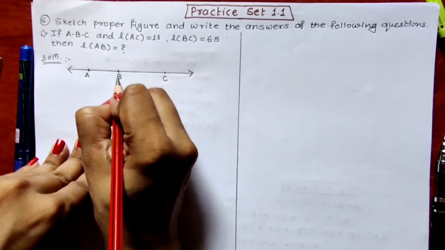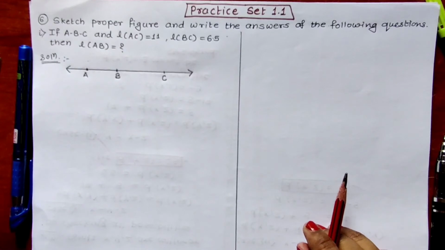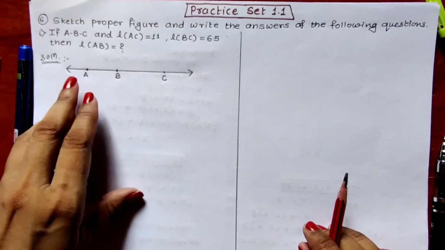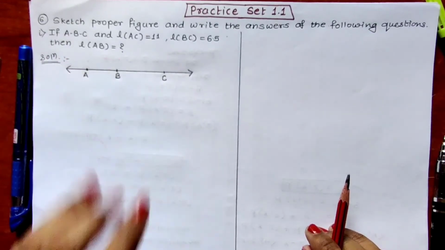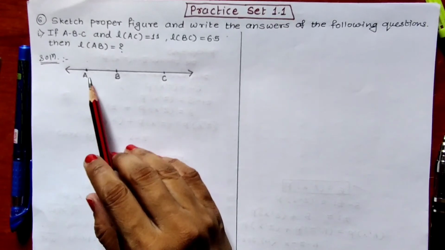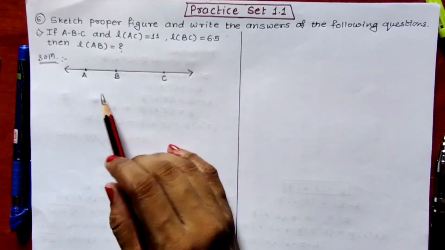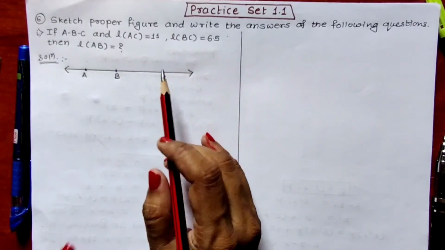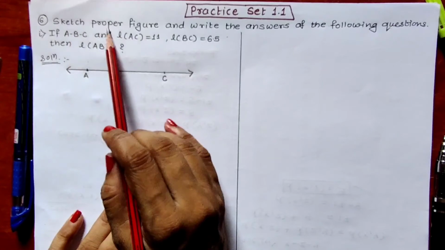It is not necessary, you should not take any measurement. If you want, you can draw only a segment, but drawing a line is better. So A dash B dash C we can see here. In this way you can draw a sketch. It is not a fair figure; we have not been asked to sketch a proper figure.